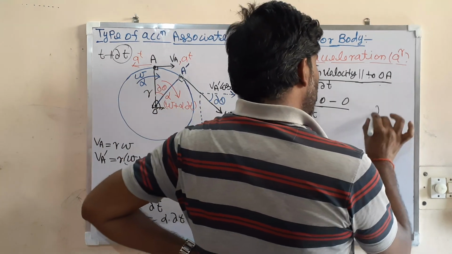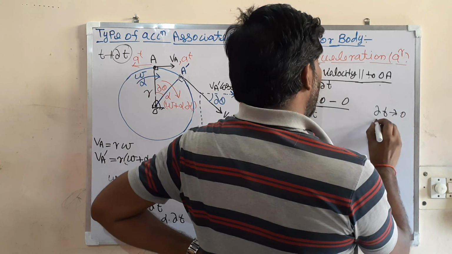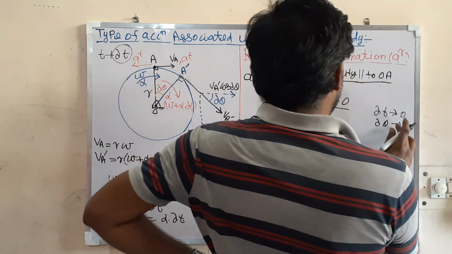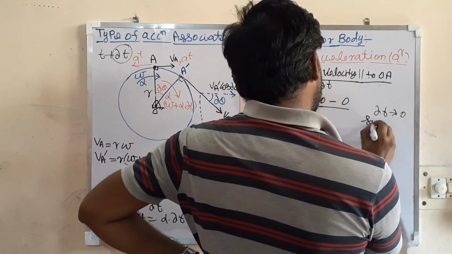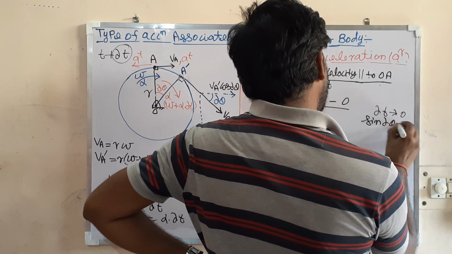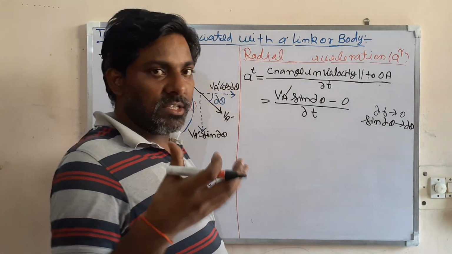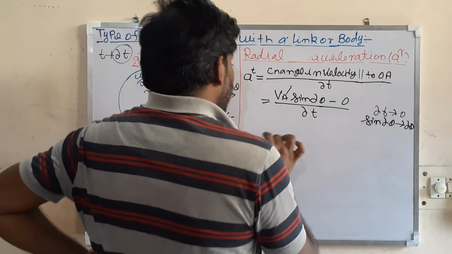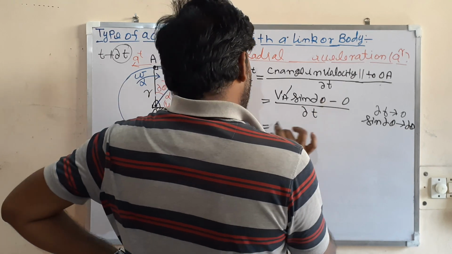When I take the limit del t tending to 0, del theta also tends to 0, and sin del theta tends to del theta. When theta is very small, sin theta is equal to theta and cos theta is equal to 1. So in the limit, sin del theta becomes del theta.